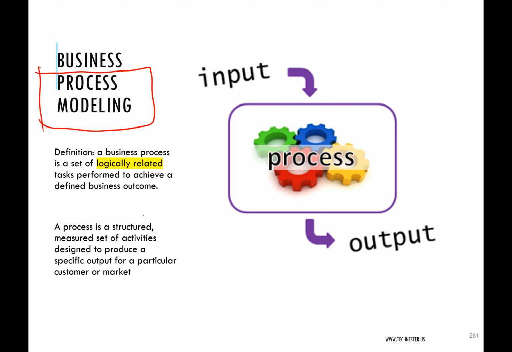A process is a structured, measured set of activities designed to produce a specific output for a particular customer or market. Customers come into a bank to withdraw cash. So there is a set of activities that has been designed to ensure that they can withdraw their money. Right?